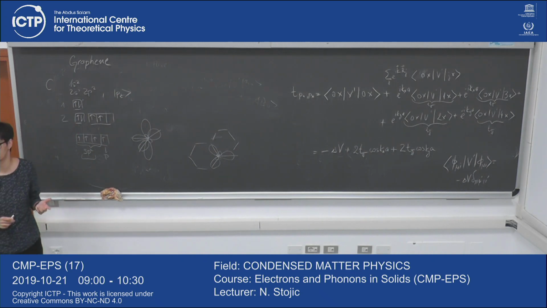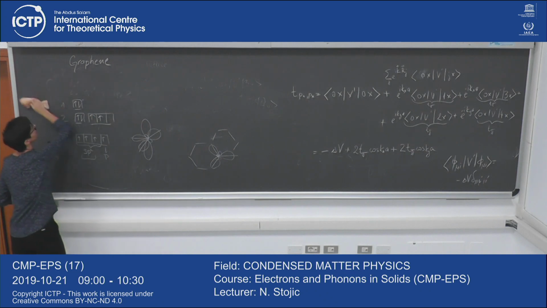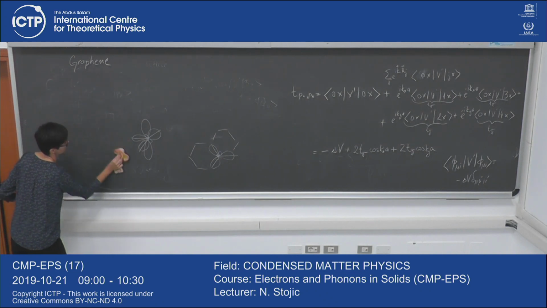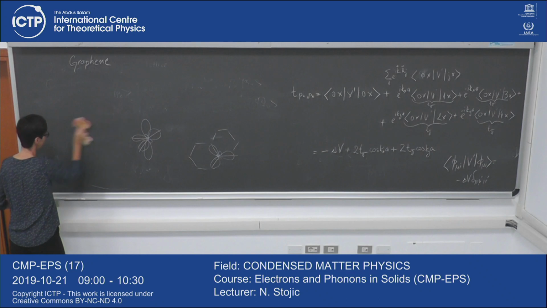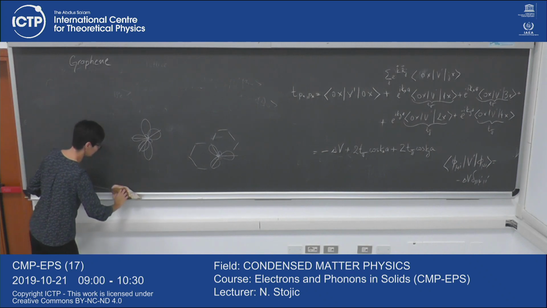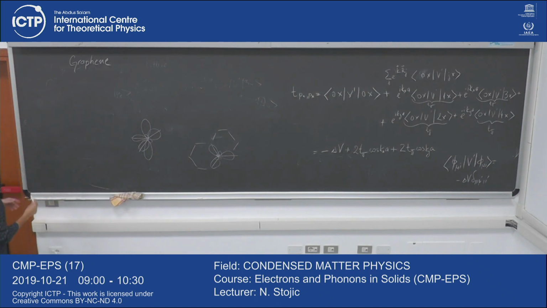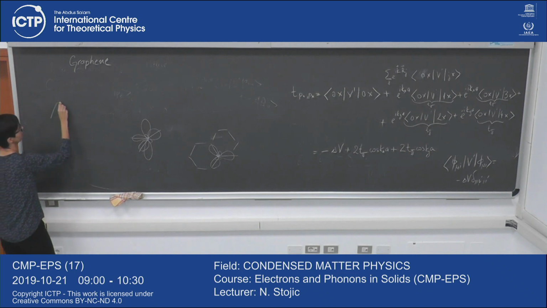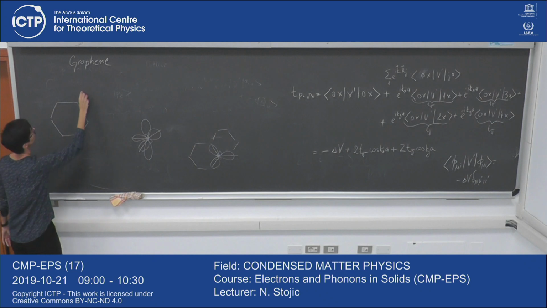And we'll have two of them, because we have two atoms in the basis. So far, all clear? So our basis consists of two pz orbitals. And now the most difficult part, I'll try to draw it clearly, and I don't always manage.